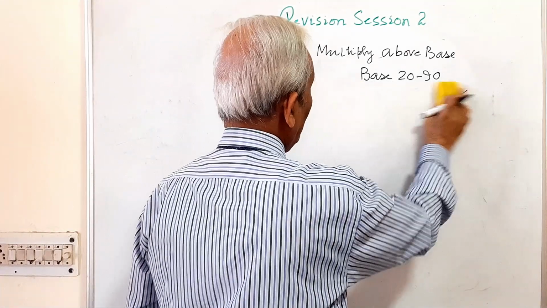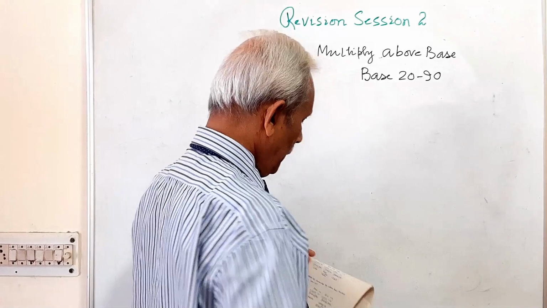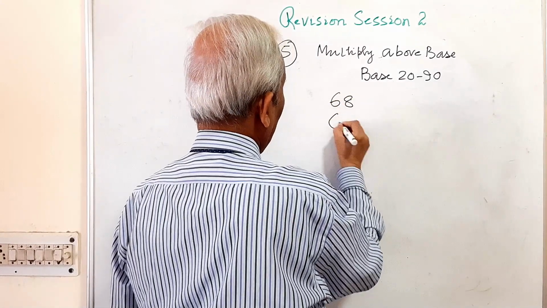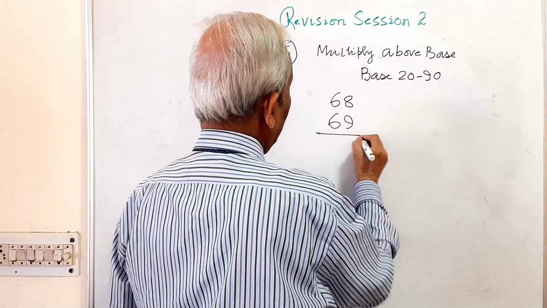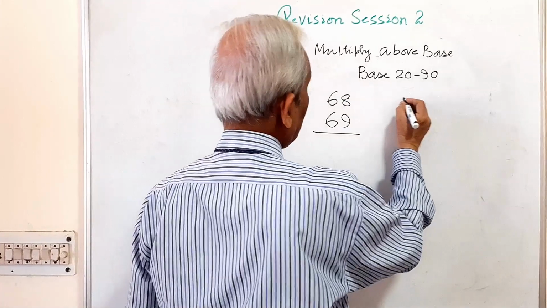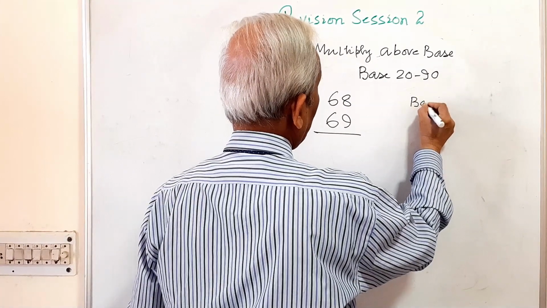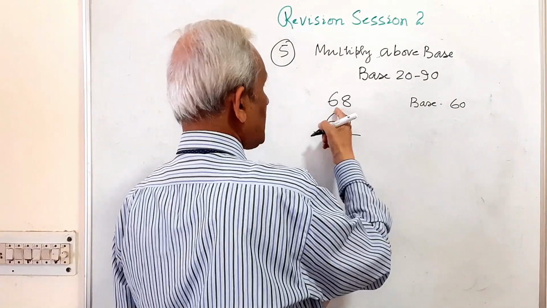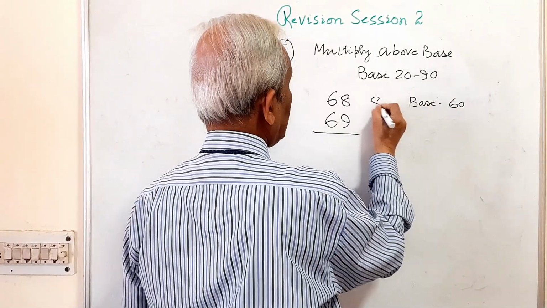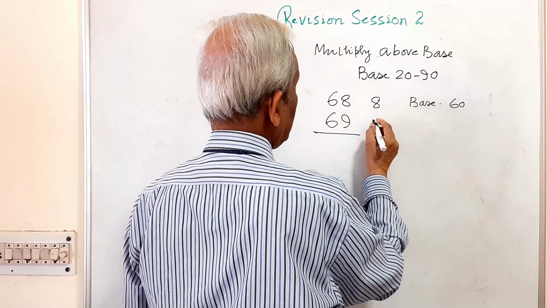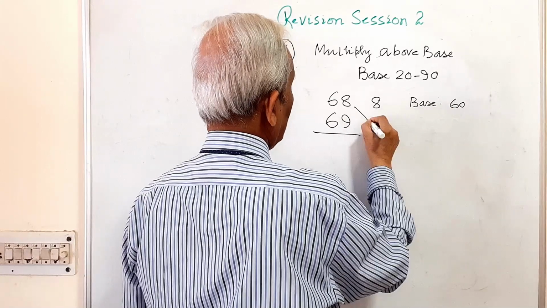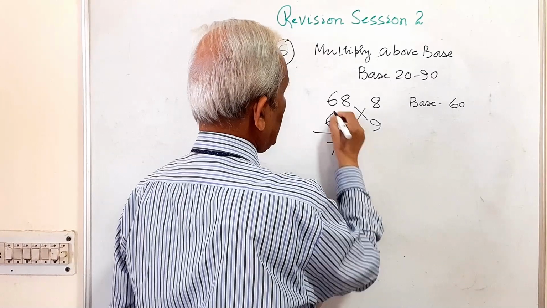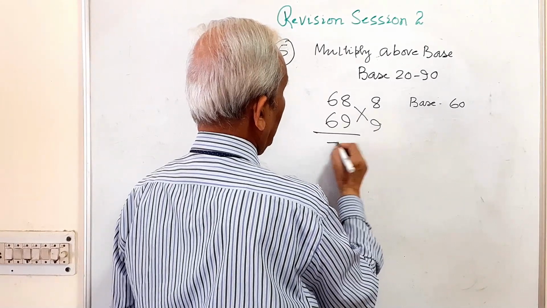Let me do the next question. 68 into 69. Here it is above base, so the base is 60. So 68 minus 60 is plus 8. 69 minus 60 is plus 9. Cross addition: 68 plus 9 is 77.